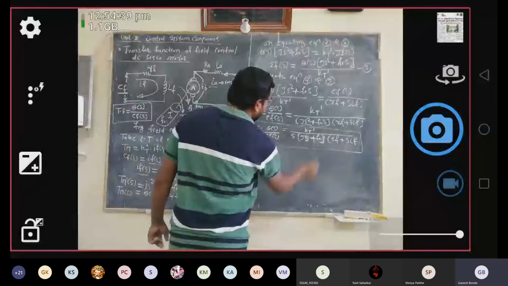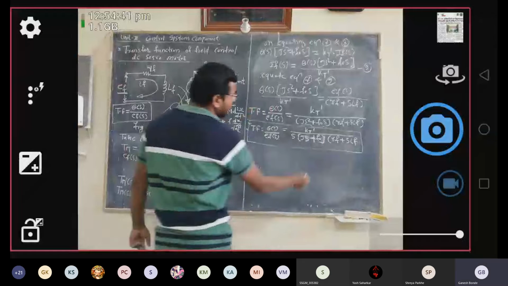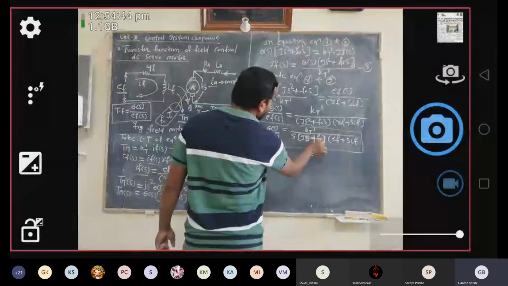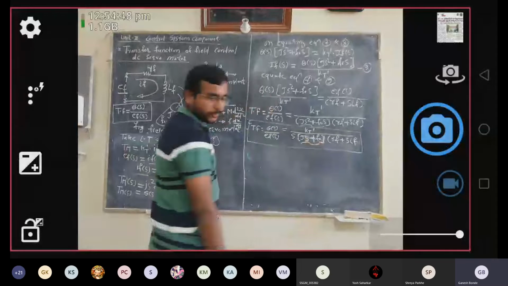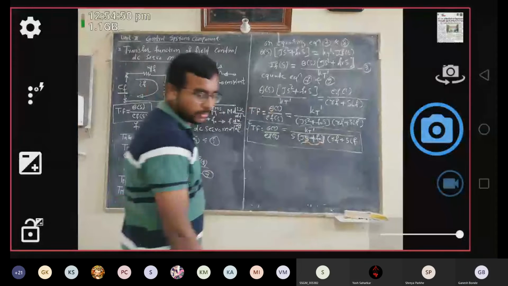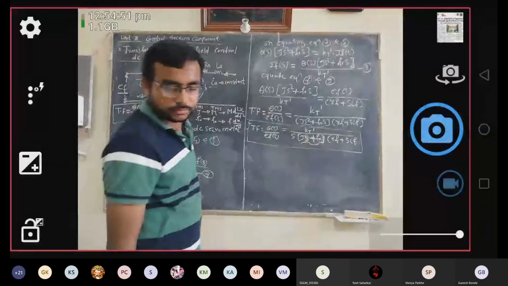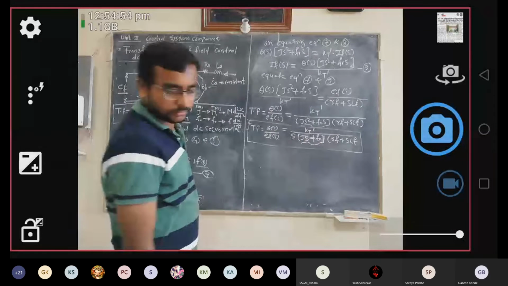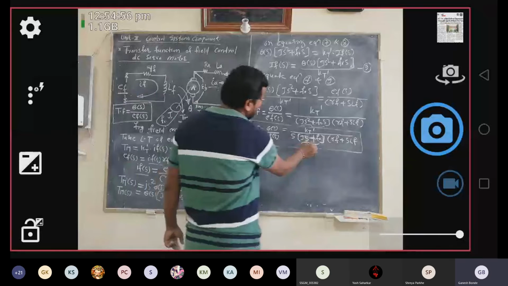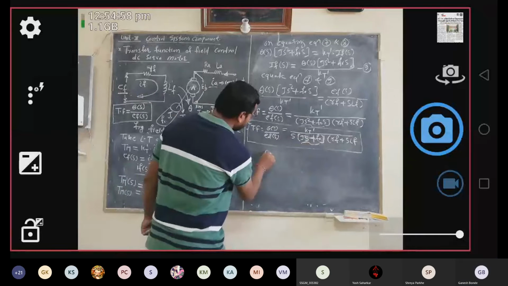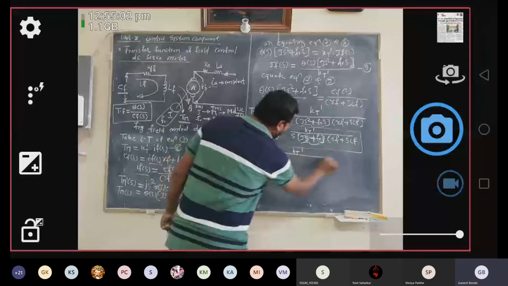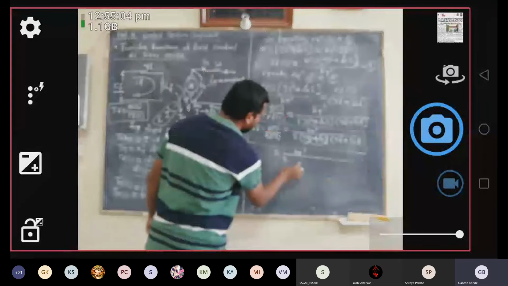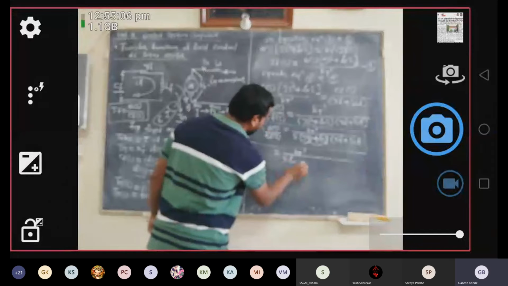You just take this F0 term common from this first term. So what are you getting? You take F0 term common, so you are getting Ka' upon S into F0.